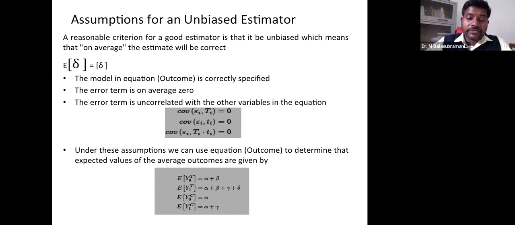If the technological intervention is not there, then delta has no value. So you understand how these four different expressions arise using the assumptions, because from these we can derive our final equation.